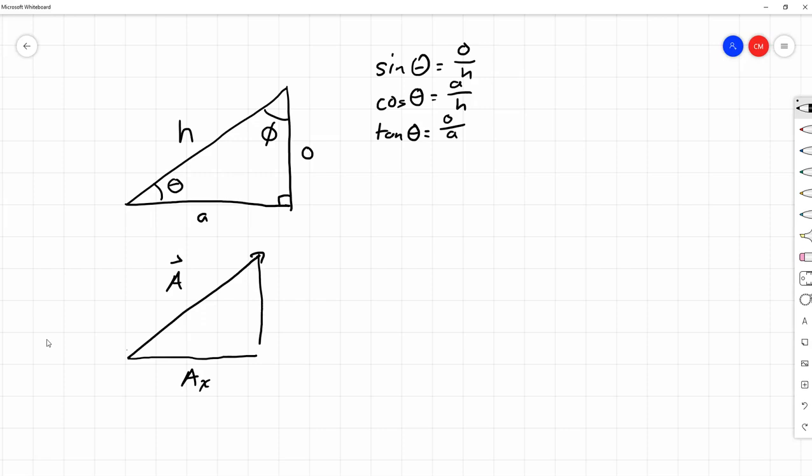And this is my y component, which I'm going to call Ay. Notice I'm not calling these vectors, because the subscripts Ax and Ay imply a direction. So Ax is Ax units in the x direction, and Ay is Ay units in the y direction. So far, so good?